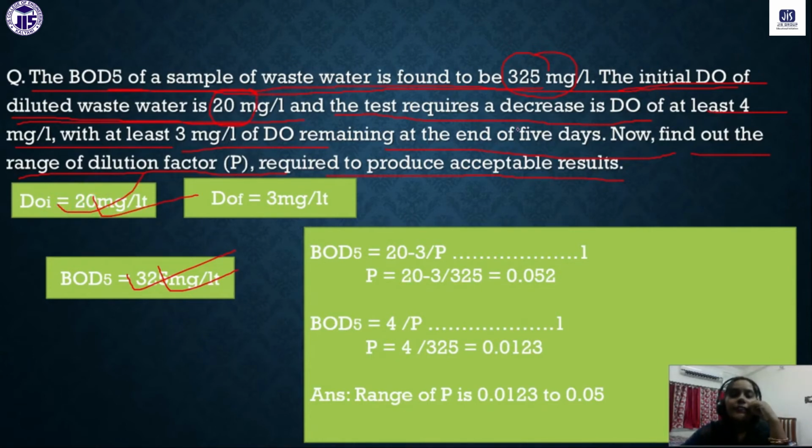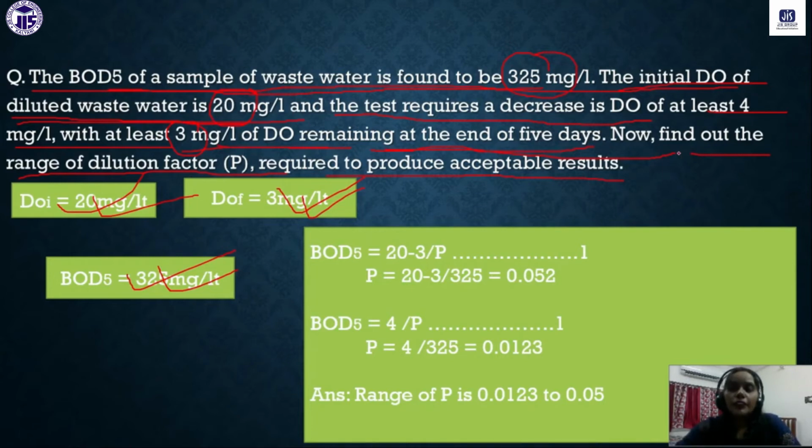Now, the test requires a decrease in dissolved oxygen of at least 4 milligram per liter, with at least, look here, 3 milligram per liter of DO remaining at the end of the 5 days. That means the final value is also 3 milligram per liter. Understand, BOD value is given, that is 325 milligram per liter. The initial value is given, that is 20 milligram per liter, and final value is given, that is 3 milligram per liter.